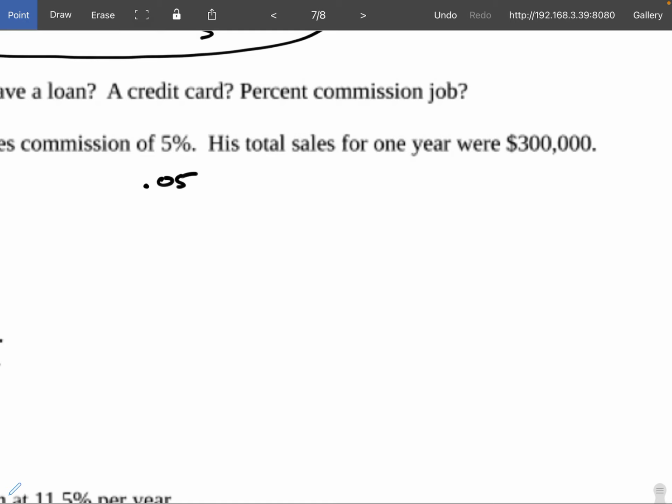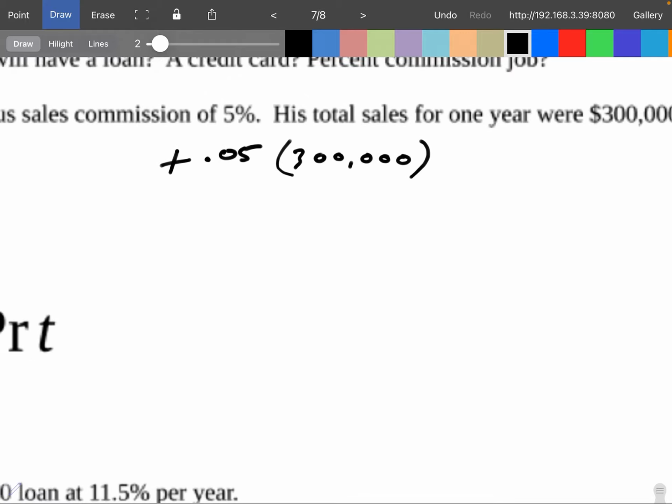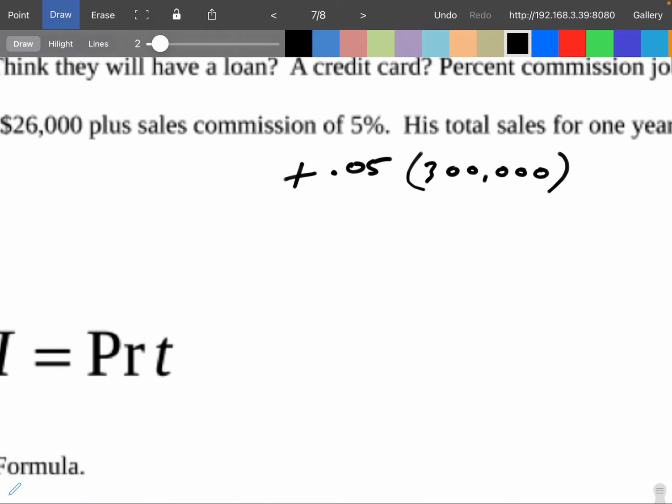All right, then we just want to take 5% of this number right here, so you just multiply it by 0.05. So we're going to do 0.05 times the 300,000, and then we're just going to add on the 26,000 that he earns no matter what.